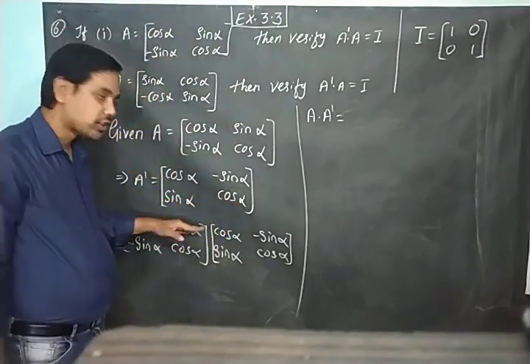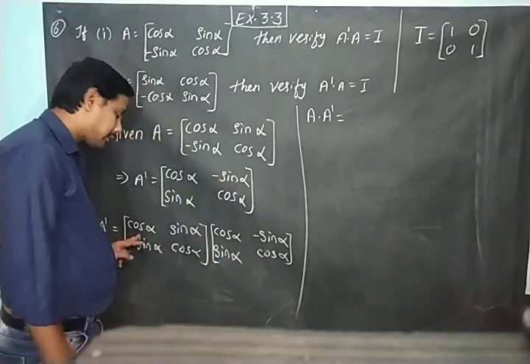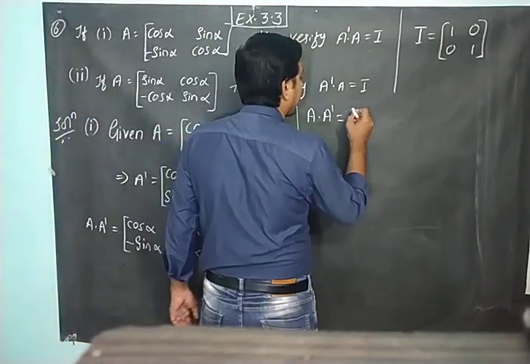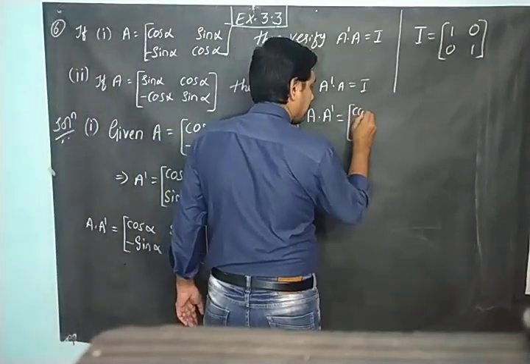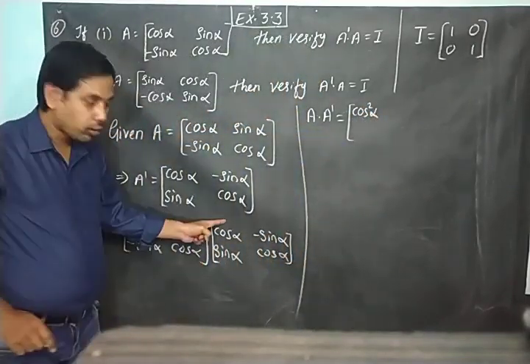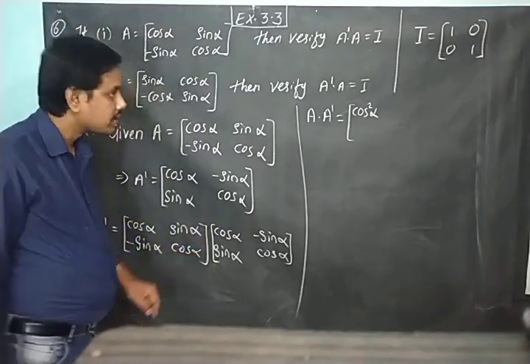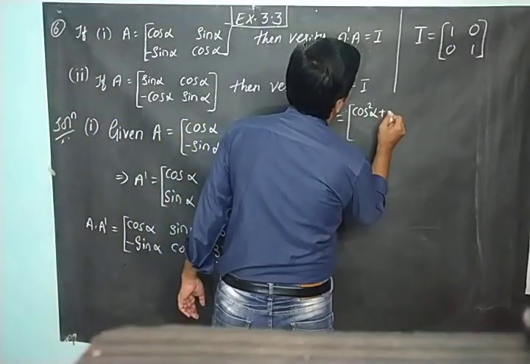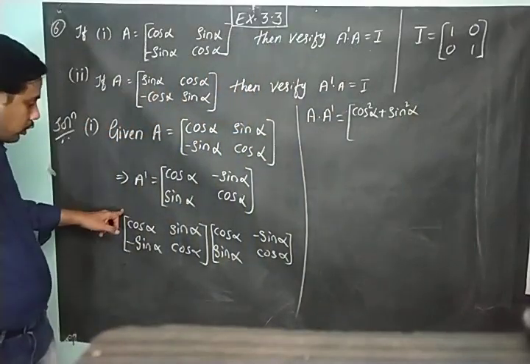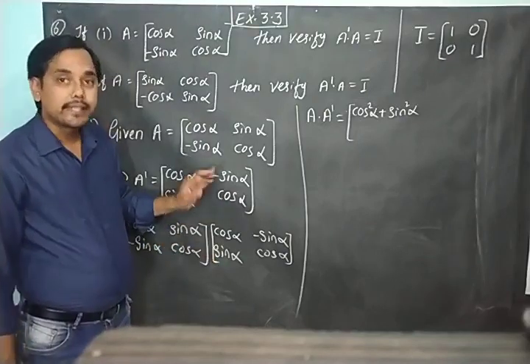So multiplying the first row with the first column: cos alpha into cos alpha is cos square alpha, plus sin alpha into sin alpha is sin square alpha. Is that clear?